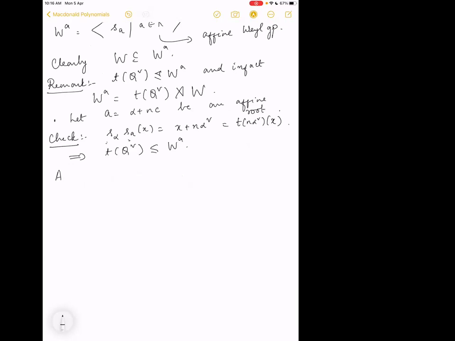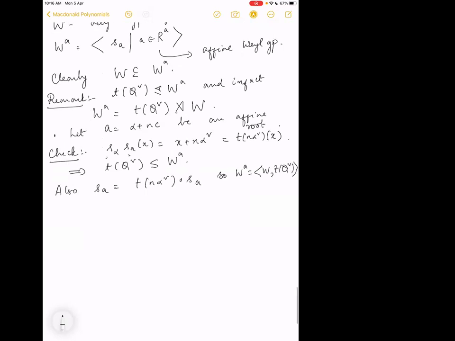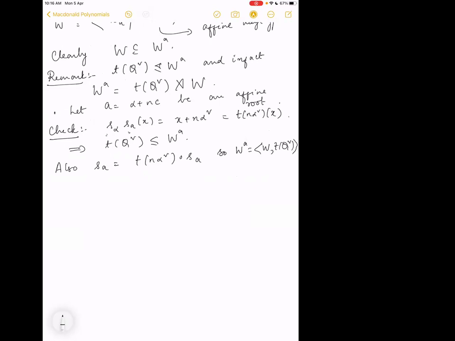And also, by the formula that I wrote up there, s_A is basically T(n alpha check) composed with s_alpha. So W_A is actually generated by W and T(Q check). And for lambda in Q check, we have w T(lambda) w inverse is T(w lambda), which implies that T(Q check) is actually normal in W_A.